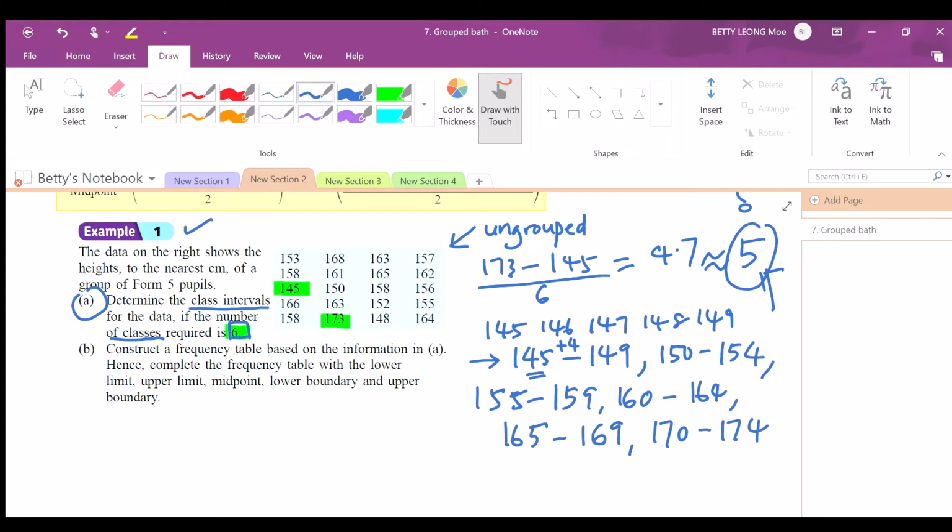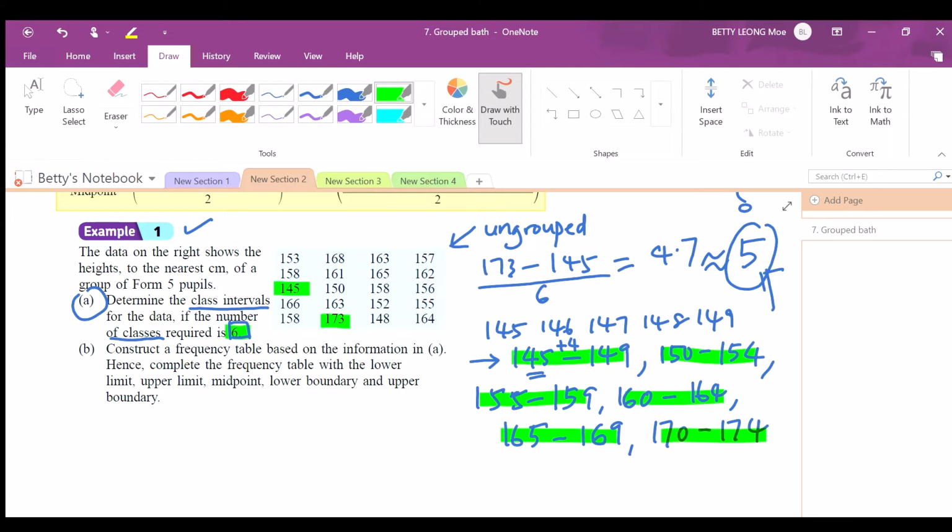So you have answered the question, determine the class interval. These are the 6 class intervals.